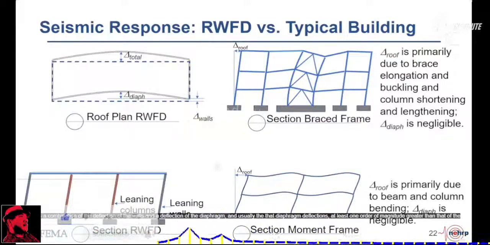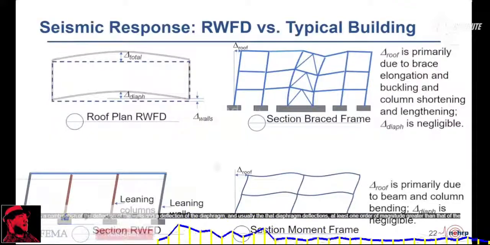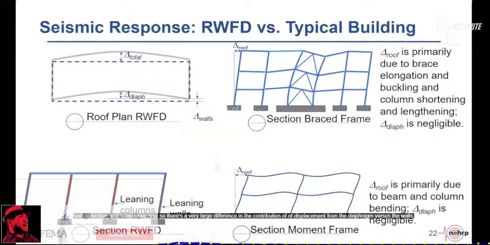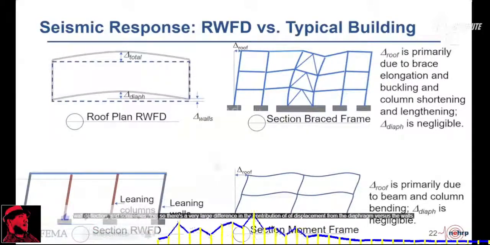And usually that diaphragm deflection is at least one order of magnitude greater than that of the wall deflection, and sometimes two. So there's a very large difference in the contribution of displacement from the diaphragm versus the walls.